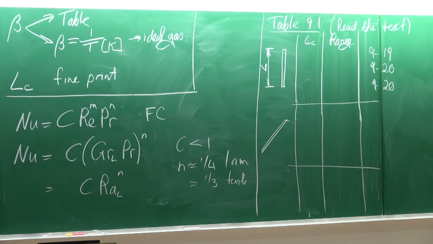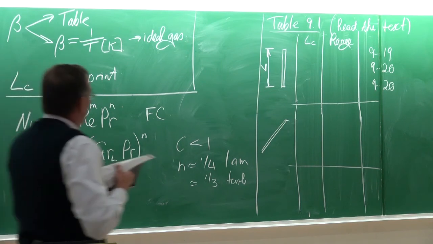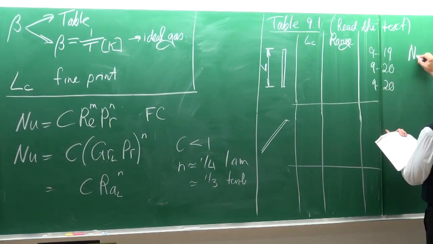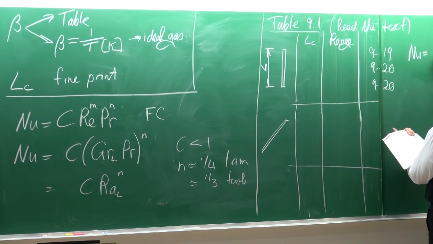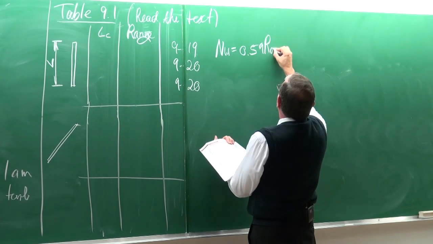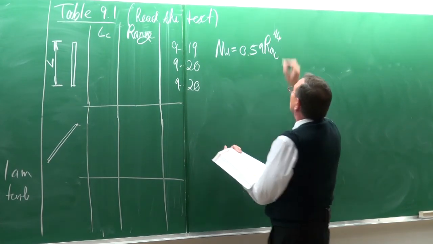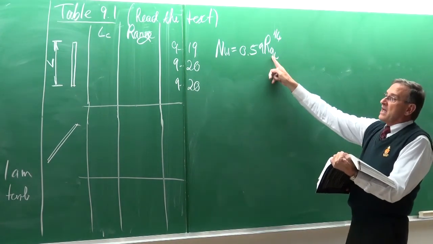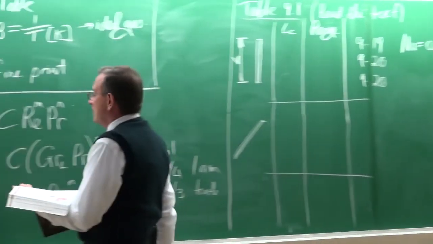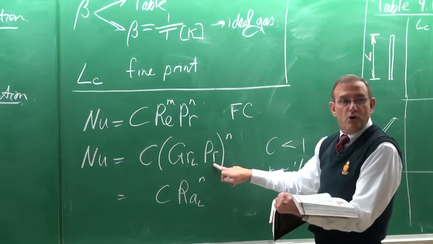So for example, just as an example, this equation 919 is Nusselt number is equal to 0.59 Rayleigh to the power one quarter. Okay. So the Rayleigh number is the Grashof number multiplied by the Prandtl number.